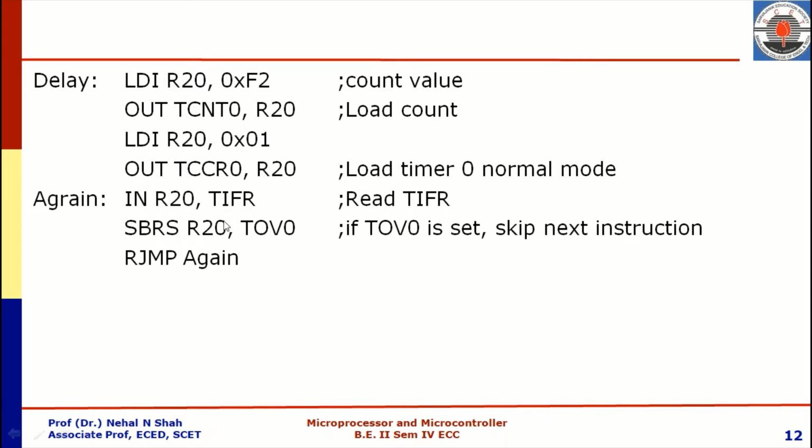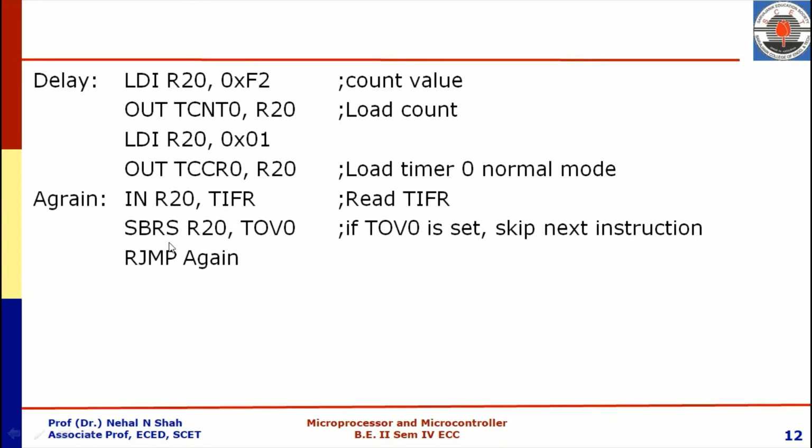But before that, when we read TIFR register into R20, it will show 0. So the SBRS instruction, whenever timer overflow flag is clear, will use this jump instruction and repeat the process.